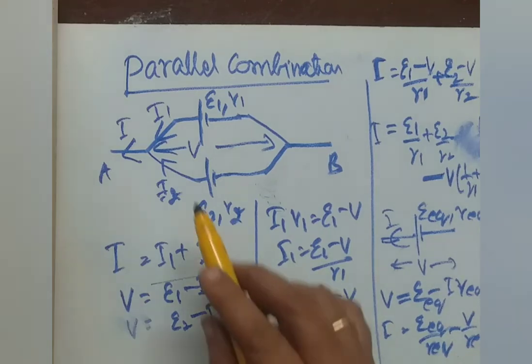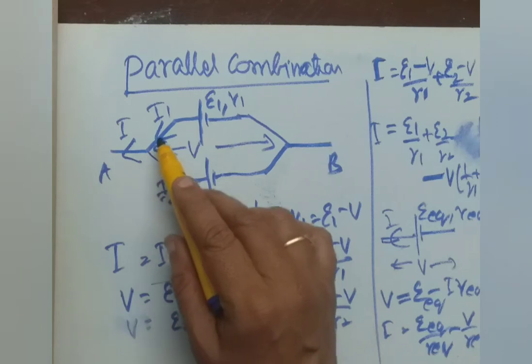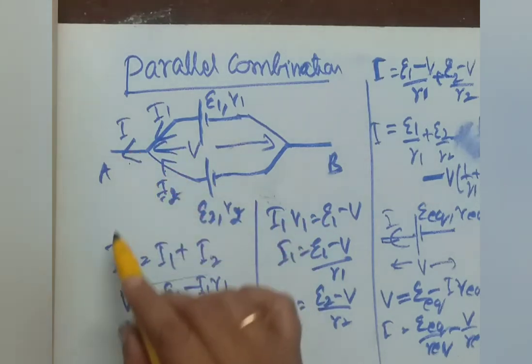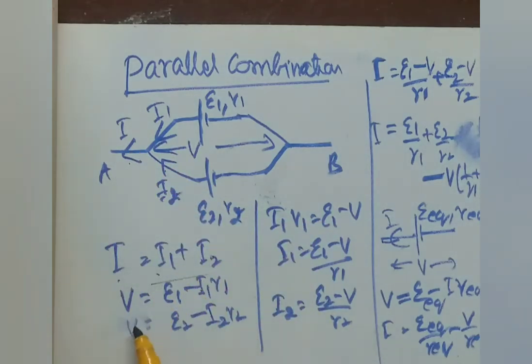Therefore, and also from the circuit I1 and I2 sum to give I. So I equals I1 plus I2, and V for the first cell is E1 minus I1 R1, V for second cell is E2 minus I2 R2, and from these two equations we can write I1 as E1 minus V by R1, I2 as E2 minus V by R2.